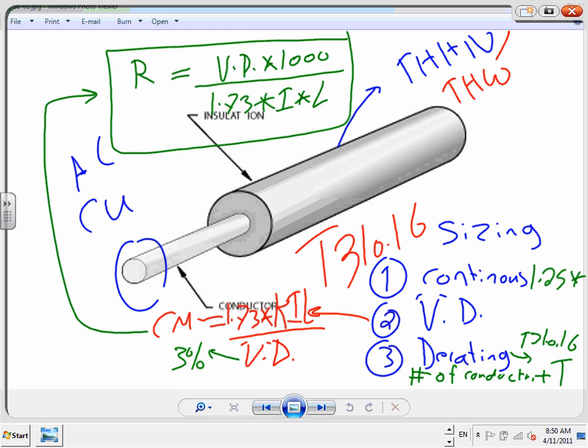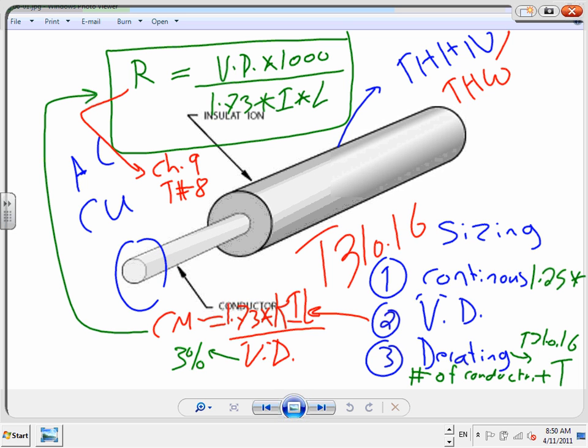After you find R, you're going to go to chapter 9, table 8.